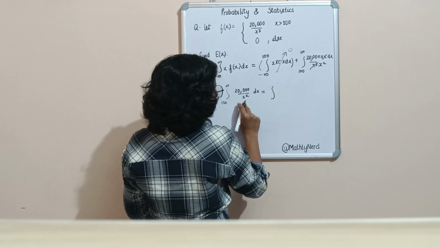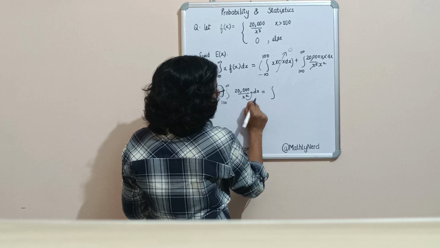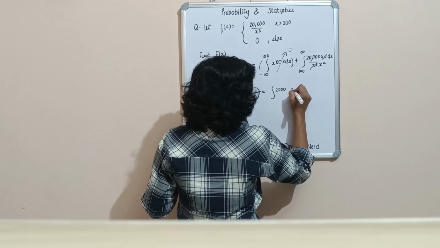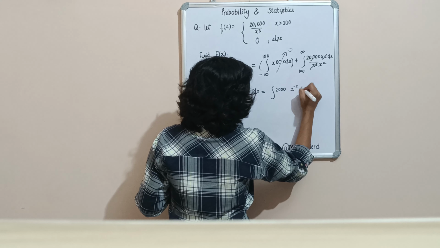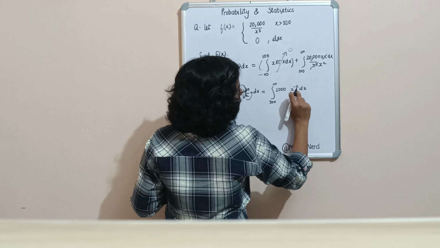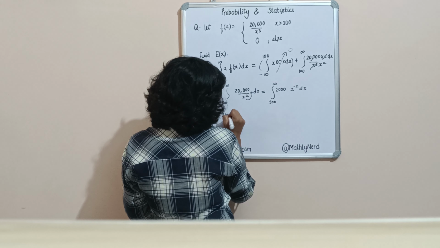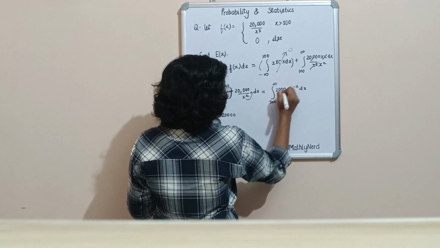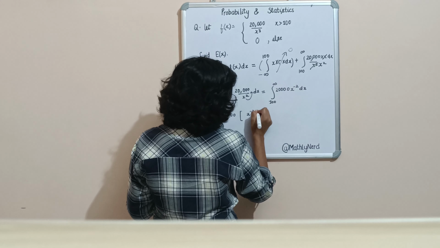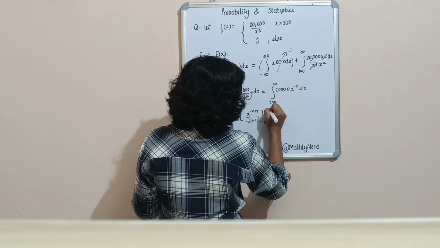If we take this to the numerator, this will be 20,000 x to the power minus 2 dx with limits 100 to infinity. So the integration of x to the power minus 2 will equal 20,000 into x to the power minus 2 plus 1 divided by minus 2 plus 1, with limits 100 to infinity.